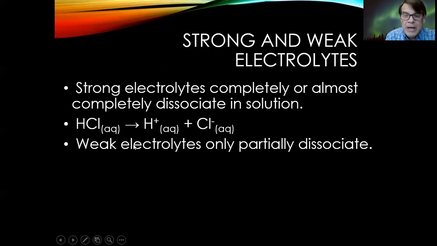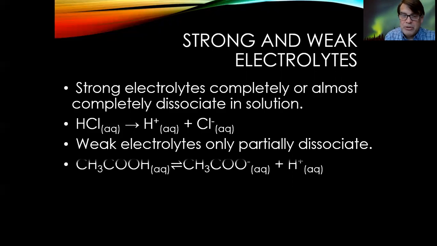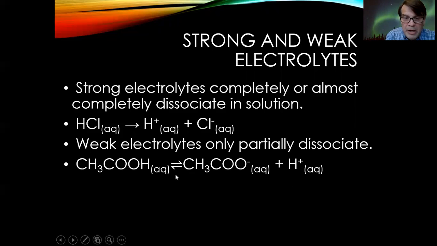On the other hand, weak electrolytes only partially dissociate. I mentioned acetic acid. This double arrow back and forth, half arrows is what it's called, in both directions indicates that it goes back and forth. We're together, we're apart, we're together, we're apart, but we're not too far apart.